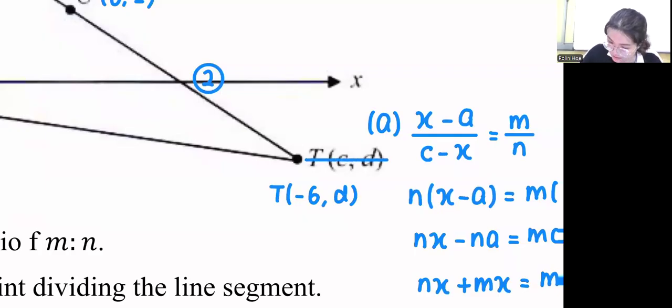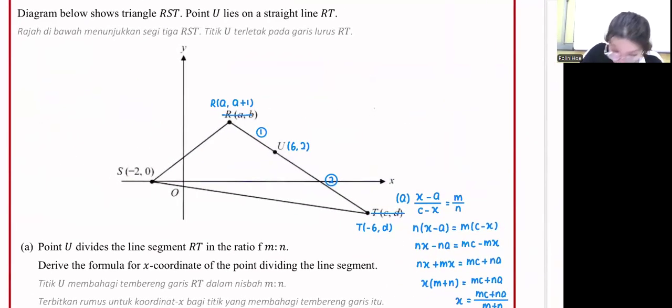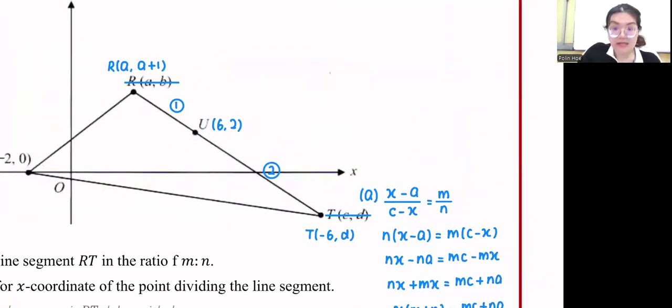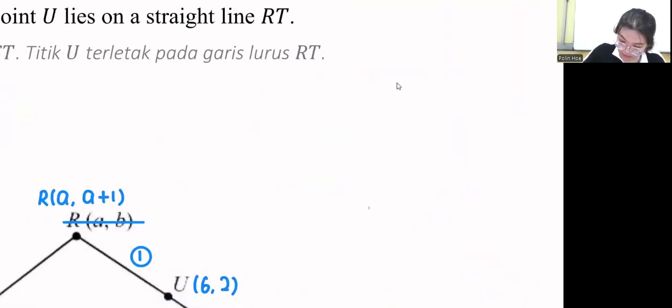This one I don't want anymore. So within these 3 points, R, U, and T, U is in between R and T. So U write alone. This is my B part 1.